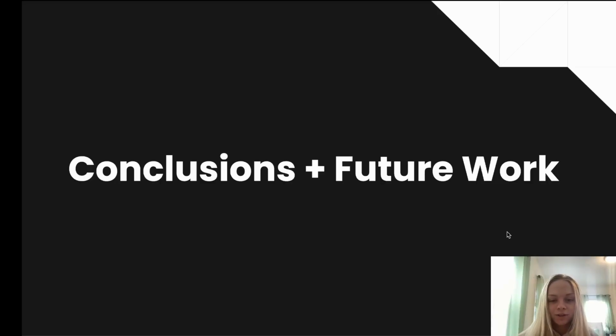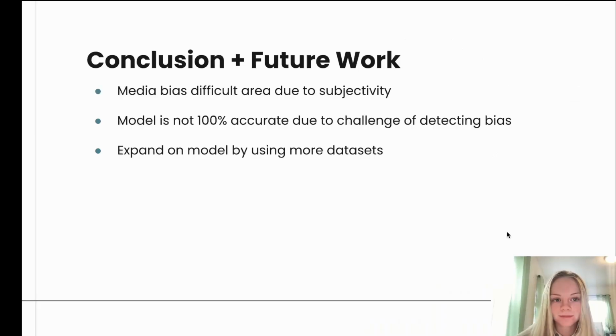Next, we'll discuss conclusions and future work. With media bias being a difficult area due to its subjectivity, we did have some challenges with getting our model to be super accurate. When doing some testing, we uncovered that there are some areas of improvement needed.